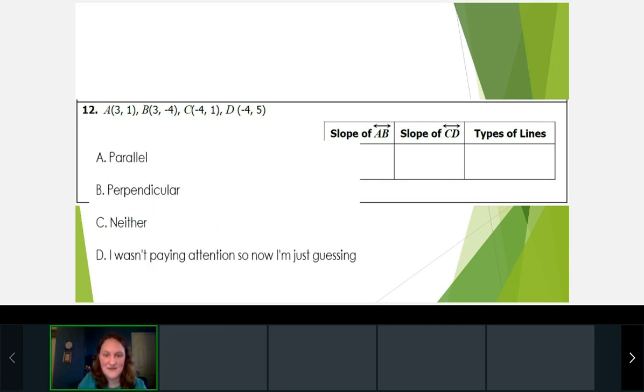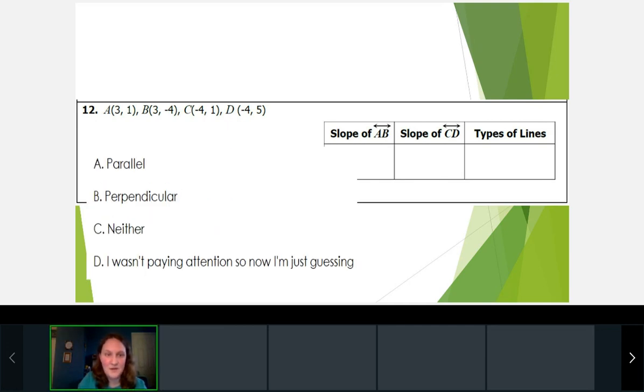All right, let's see how we did. So we have line AB and line CD. Are they parallel, perpendicular, or neither? So far, so good. Mostly.